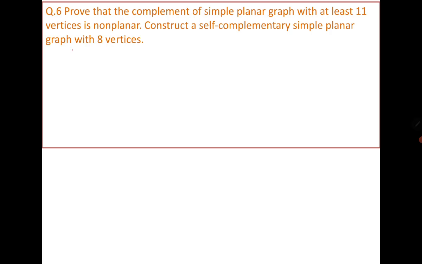Now recall that for a planar graph, m is less than or equal to 3n minus 6. Yes, if I consider n equal to 11, then m is less than or equal to 3 times 11 minus 6, which means m is less than or equal to 27.